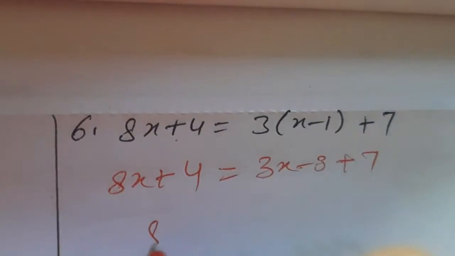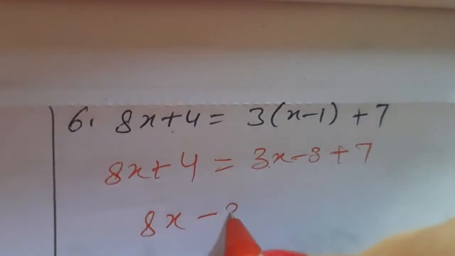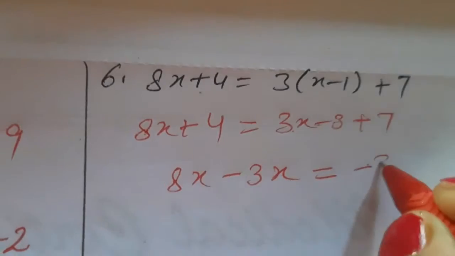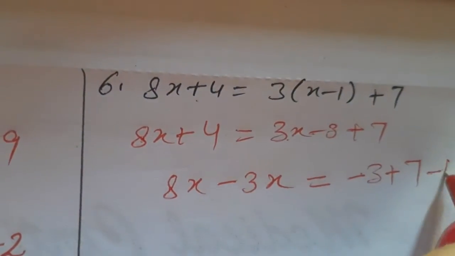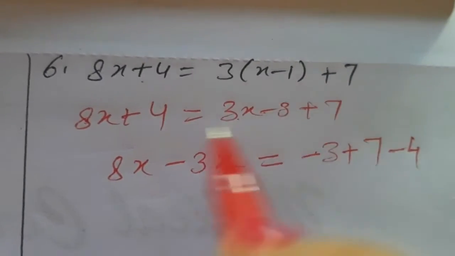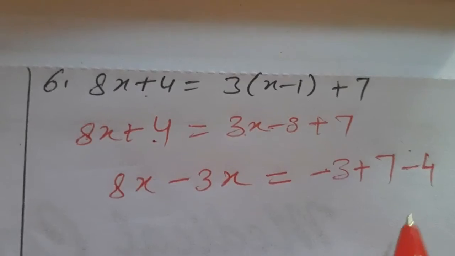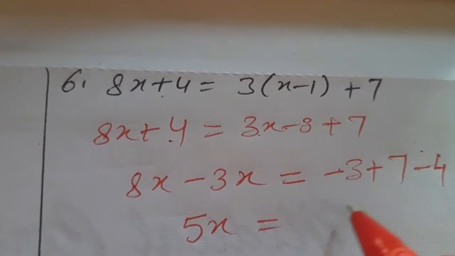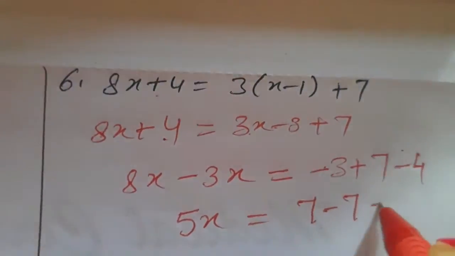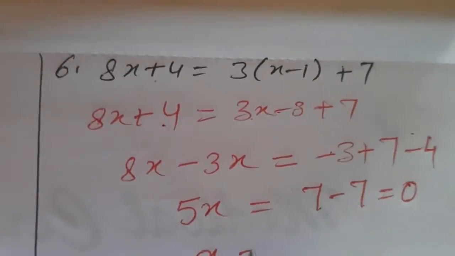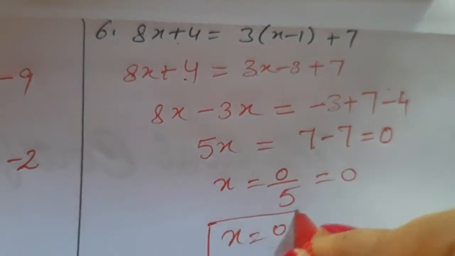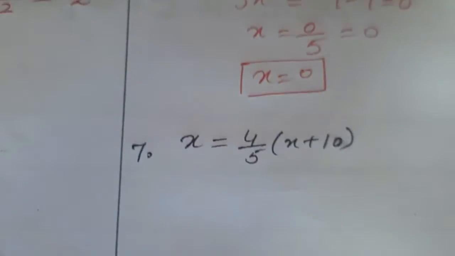Now let us transpose the numbers. 8x, 3x will come to the next side. 8x minus 3x is equal to minus 3 plus 7 minus 4. 4 will be transposed to the right side. So it will become 5x is equal to 7 minus 7, that is 0. So x will be 0 by 5, or x is equal to 0.